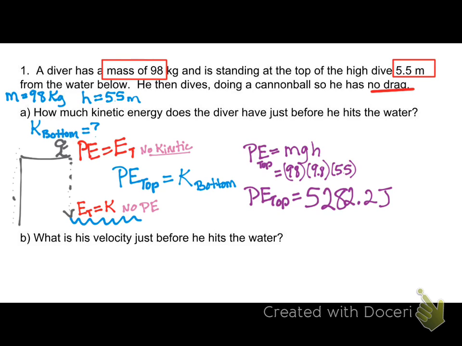That is how much total energy he has at the top. That is his potential energy at the top, which, remember, is also equal to the kinetic at the bottom.